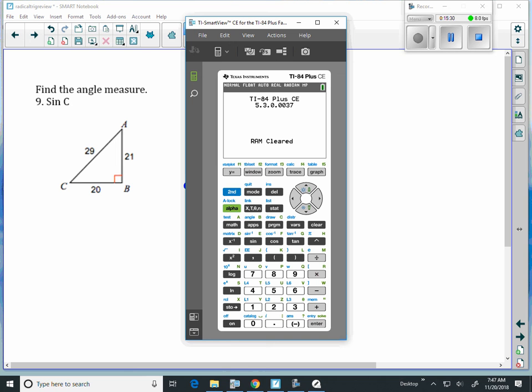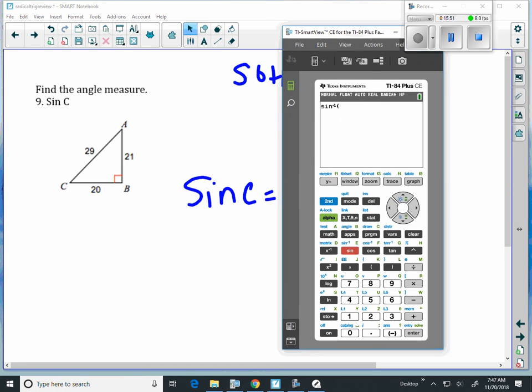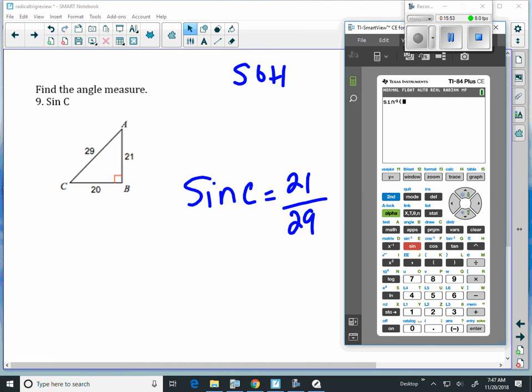That means the inverse. So you're going to hit second sine. My TI Inspire friends, you're just going to do SIN to the negative first, and it should work fine for you. And then make sure you have a parenthesis. TI 83, 84, it'll put that parenthesis in there for you. Then if we look at our notes, we had 21 over 29.